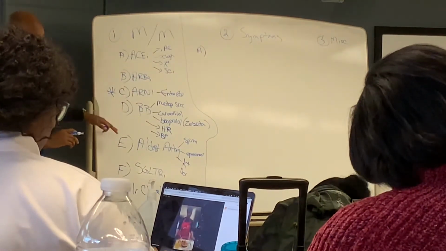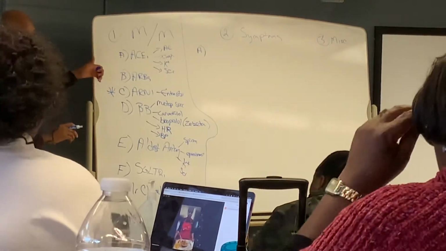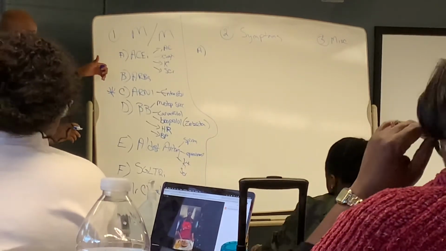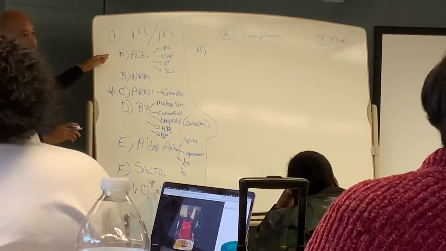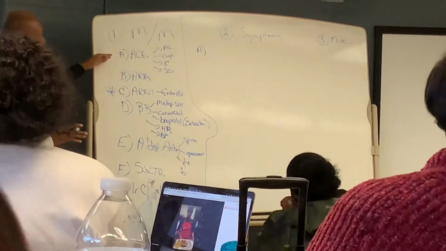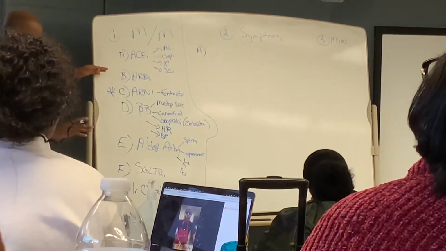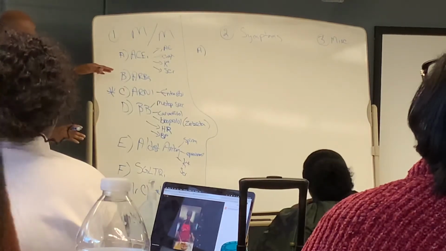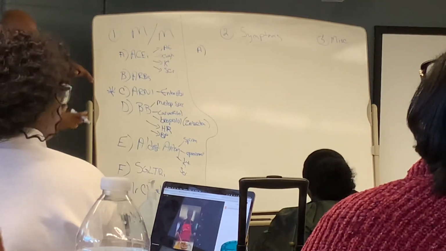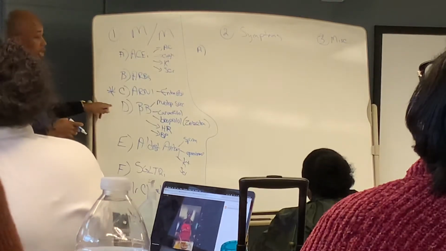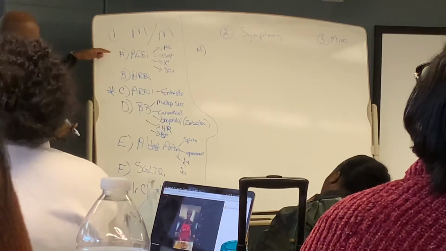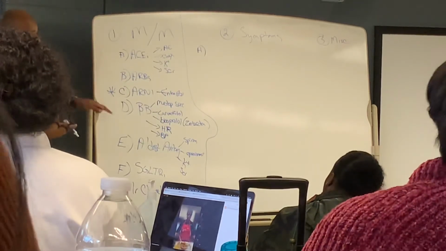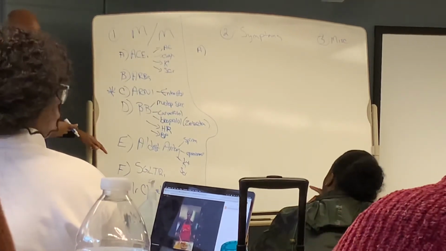Sometimes patients will already be on this if they're stage A. You know what I mean? Somebody may be diabetic, so you may see an ACE on board because of the renal protection. And somebody may be hypertensive, you may see the ACE or beta blocker or ARB on board for the blood pressure. And then stage B, when you start seeing structural damage, you'll see a lot of these. Beta blockers are pretty good with structural damage in the heart. Okay, so these you'll often see with stage A and stage B heart failure.